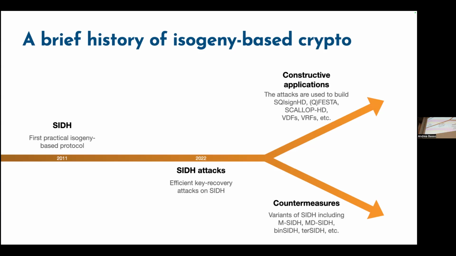And these two directions have been going further away from each other, in the sense that the constructive applications that relied on higher dimensional techniques, like all the HD protocols, stepped away from the framework of SIDH, from having a commutative diagram.